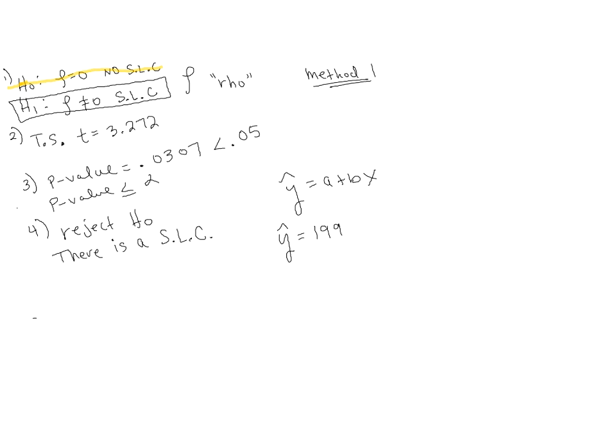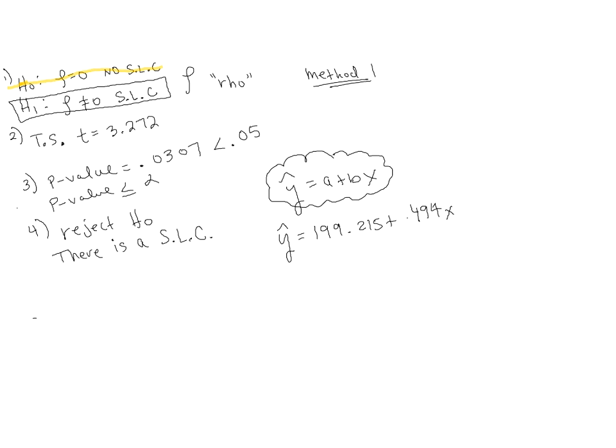So y hat is a plus bx, it's 199.215, and b is 0.494 times x. All right, so I'm just using that model right there to write down my regression equation.